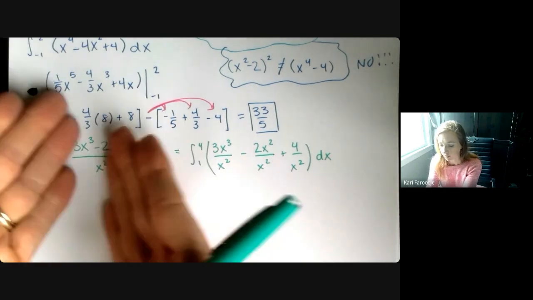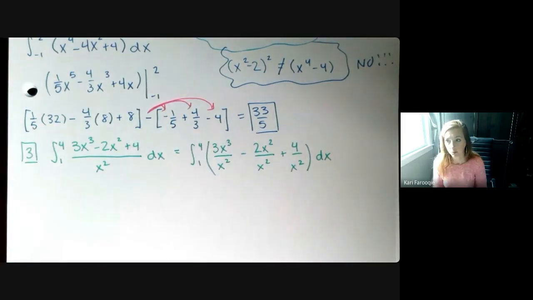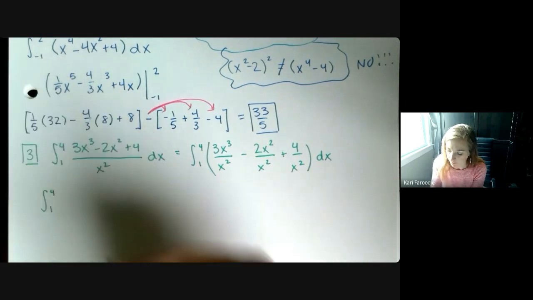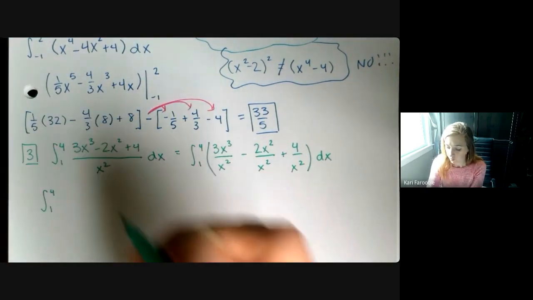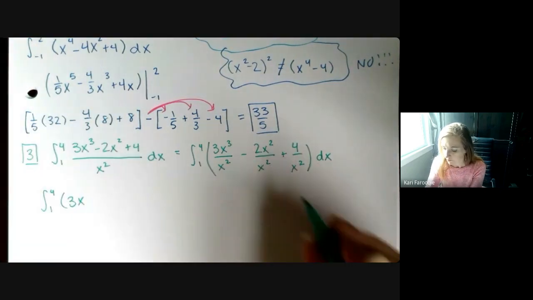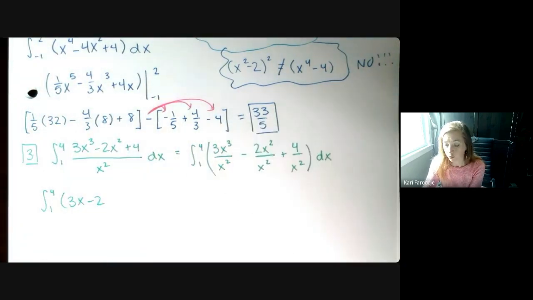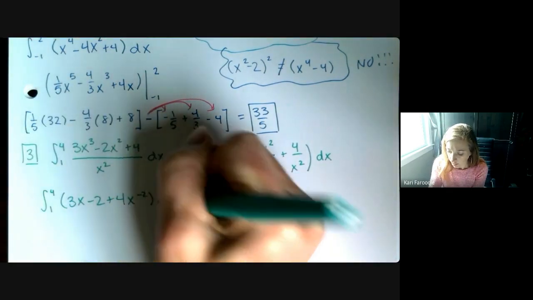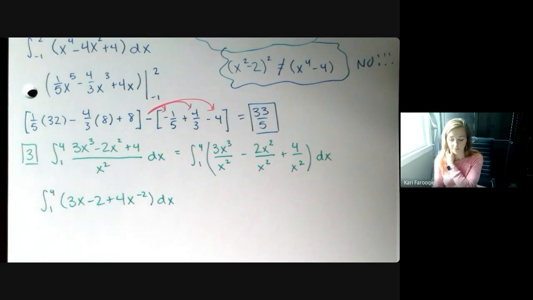So at one point they were put together, we're pulling them back apart. And then we'll just rewrite this. X cubed over x squared is just x to the first. So we have 3x minus 2, your x squareds cancel out in the second term, and then plus 4x to the negative second power dx.